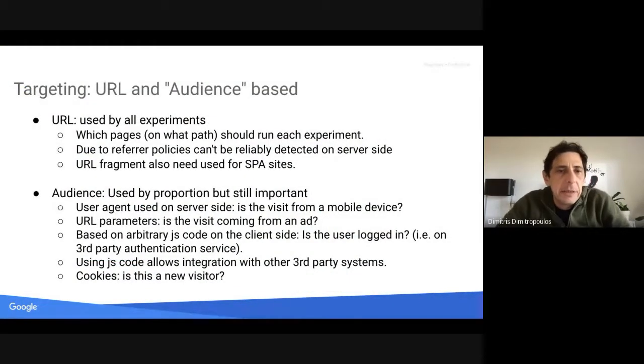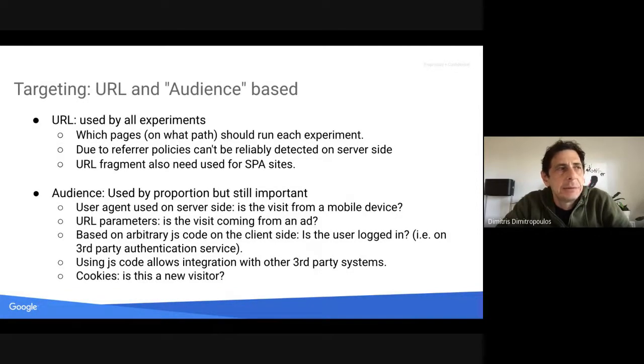Targeting is something in these tools that also matters a lot, and I think others have covered that part. The URL is what all experiments are based on. It's an area where, unfortunately, we couldn't easily find ways to improve, because sometimes we bundle all experiments in a single script. That has benefits as well, because you get caching as you navigate through the site.